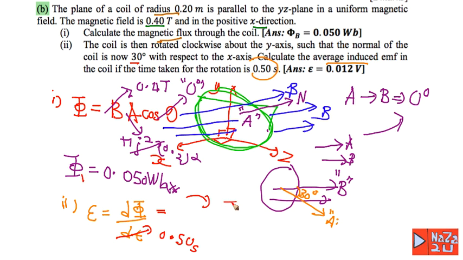The second flux, when the coil rotates, uses the equation BA cos theta.